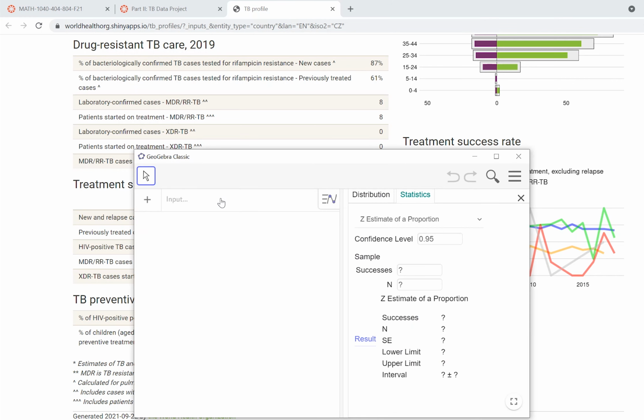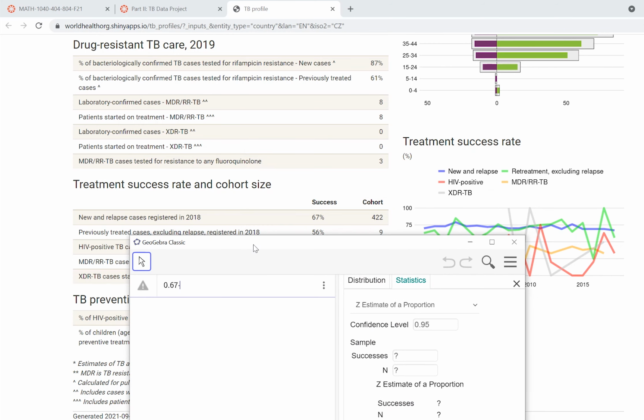If I check those calculations, 0.67 times our cohort size of 422, I have 282.74, which is bigger than 10. And if I do 33% times 422, I also have 139 failures. So I have more than 10 successes and more than 10 failures. So everything looks good for me.